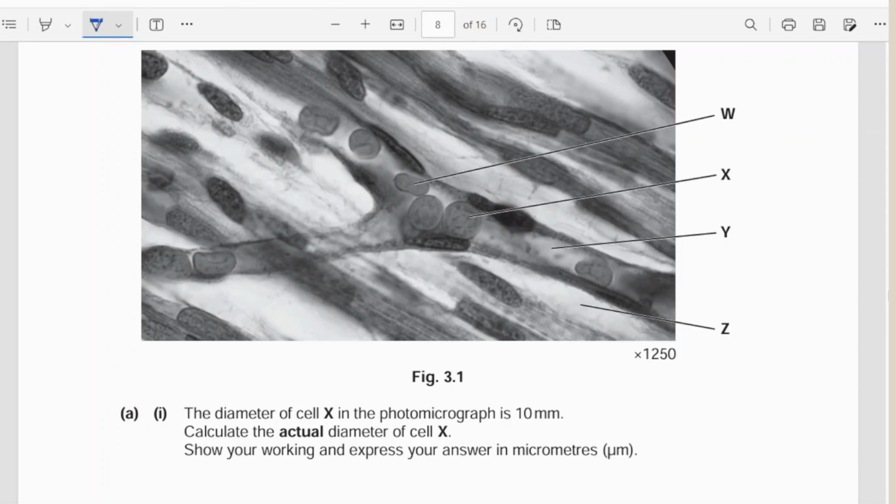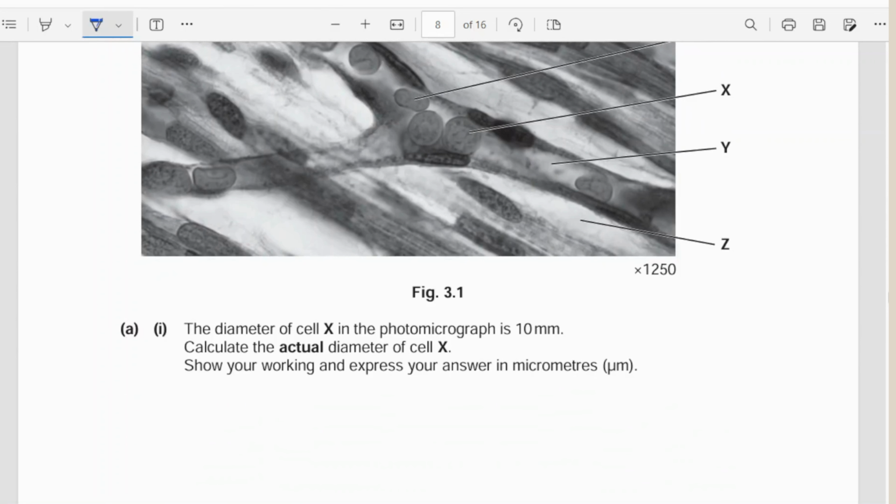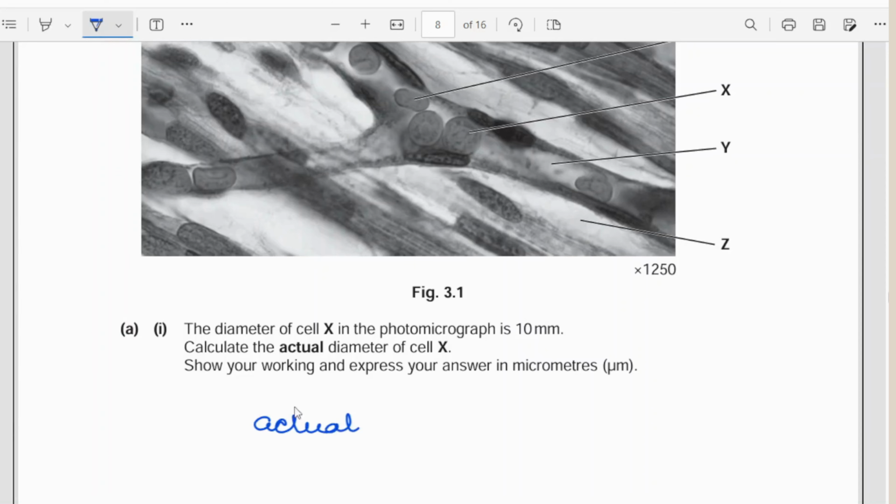So actual is equal to what? Wait, let me write the formula. Magnification is equal to image size over actual size. Now rearrange it.